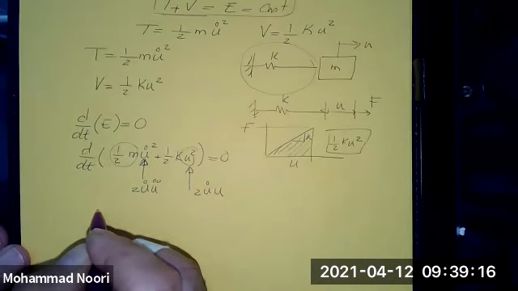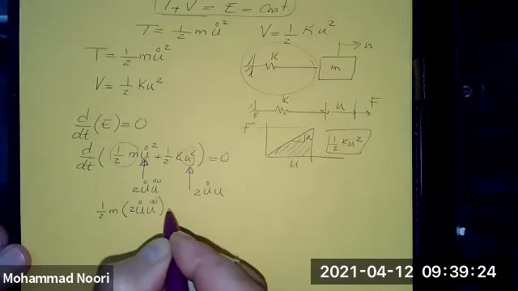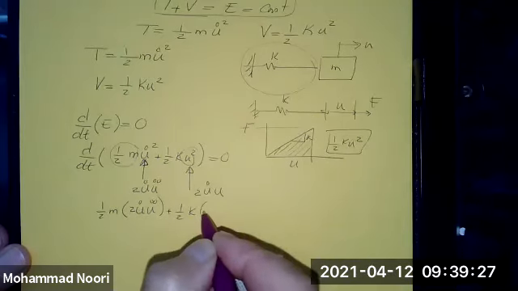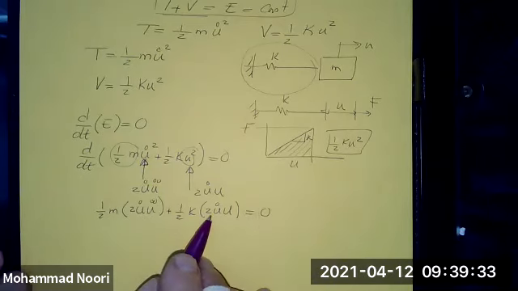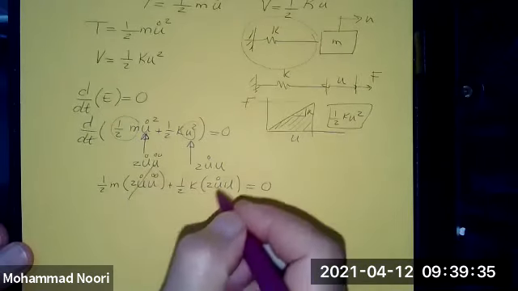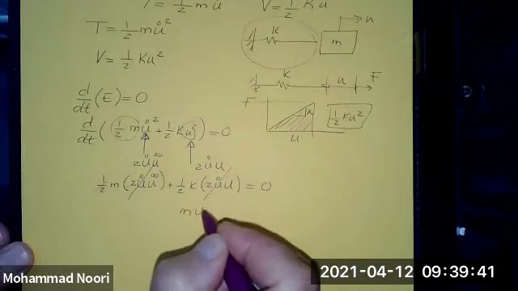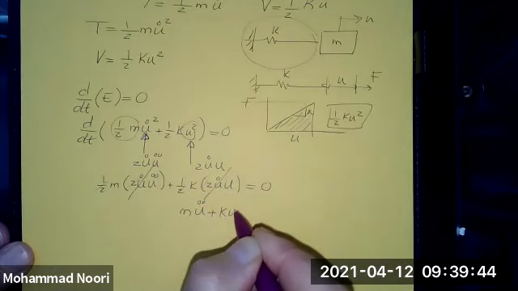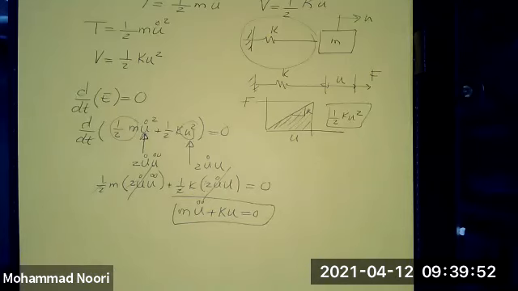So if you substitute that, the time derivative would be 1/2 m times 2 u dot u double dot plus 1/2 k times 2 u dot u is equal to 0. Since u dot is not 0, I can divide both sides by u dot, right? And you can see quickly that this is what this derivation leads to. So I could derive the equation of motion without the need to use the first two approaches, based on this simple concept of conservation of energy.